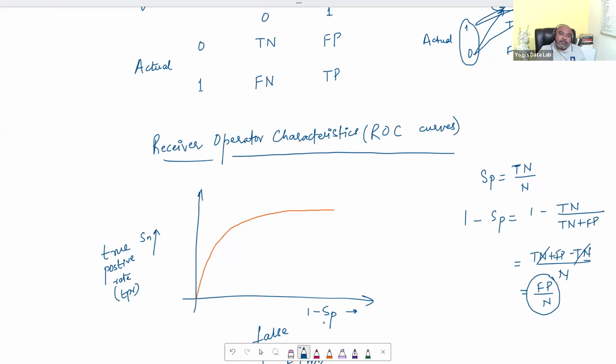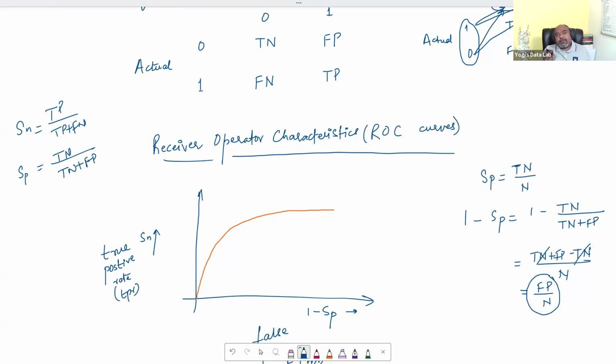The other question which is important to understand here is what is the value of sensitivity and specificity for me to have a 100% accurate model? So let us look at it. Sensitivity is TP divided by TP plus FN, and specificity is TN divided by TN plus FP.